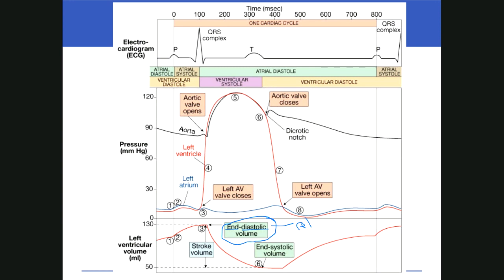So in other words, at the very end of relaxation, right before the heart contracts, that's how full the ventricle is. It's called the end diastolic volume, or the EDV, end diastolic volume. That's as full as the heart is going to get.